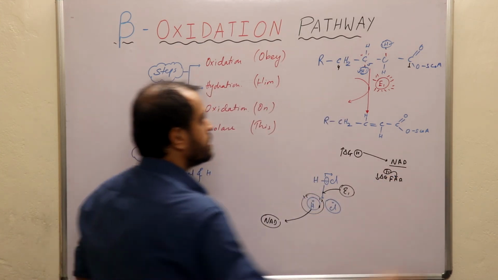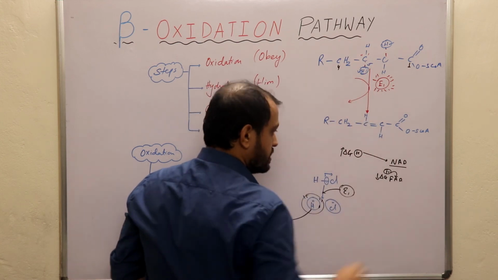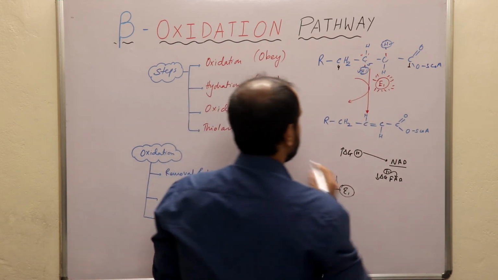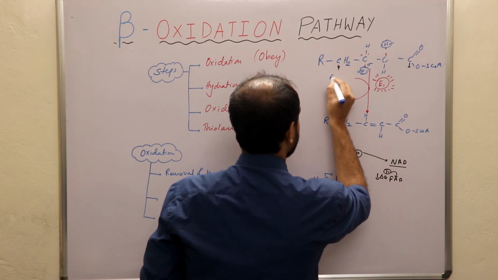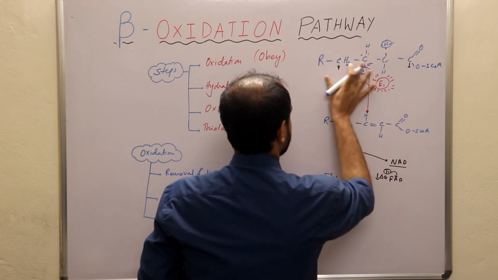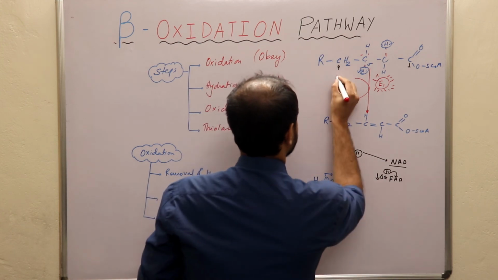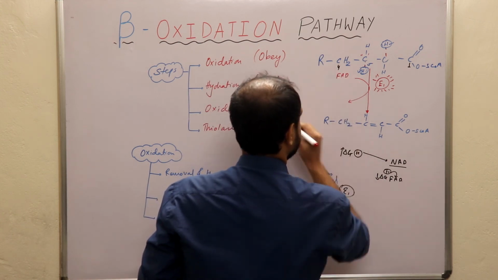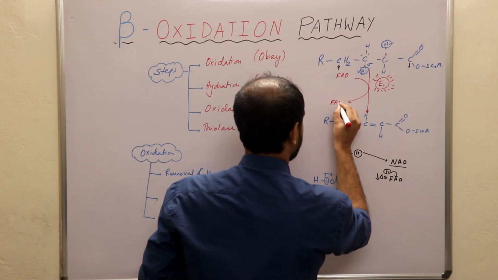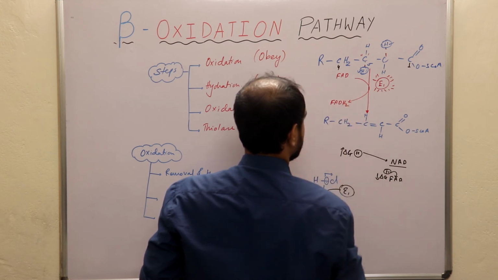Now listen, these hydrogens have lower delta G. That means they will be taken up by FAD, and then they will be converted into FADH2.